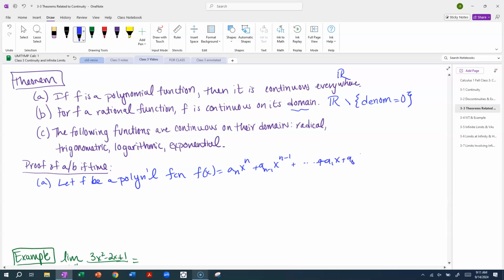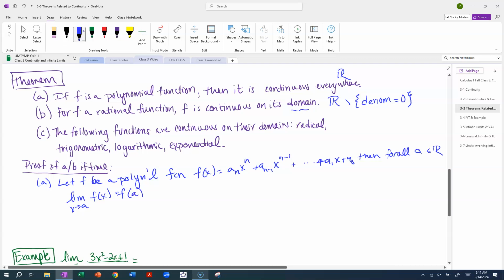Okay. Then I would say for all a in R, nope, I want a in R, my bad, we would have, if we look at the limit as x approaches a of f(x), equals f(a).